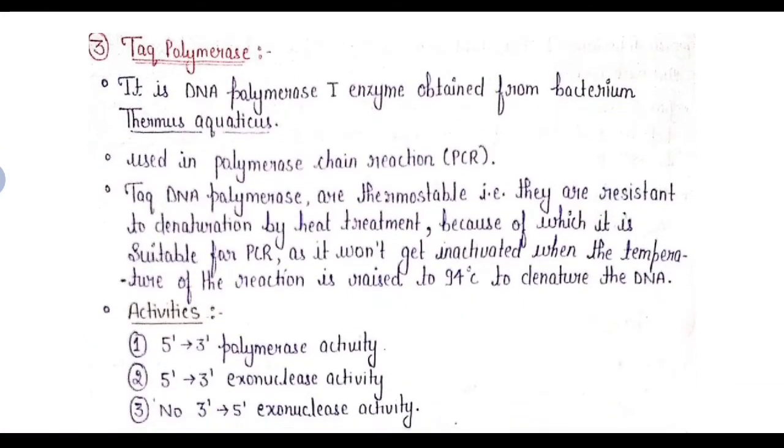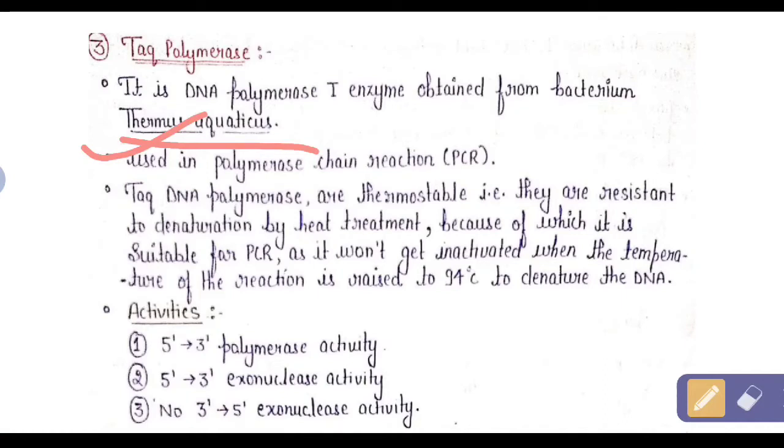Then the third category we have is the Taq DNA polymerase, which is a type of DNA polymerase 1, and it can be obtained from the bacterium Thermus aquaticus, which can be isolated from hot springs. This is generally used in the polymerase chain reaction because it can tolerate a high degree of temperature.